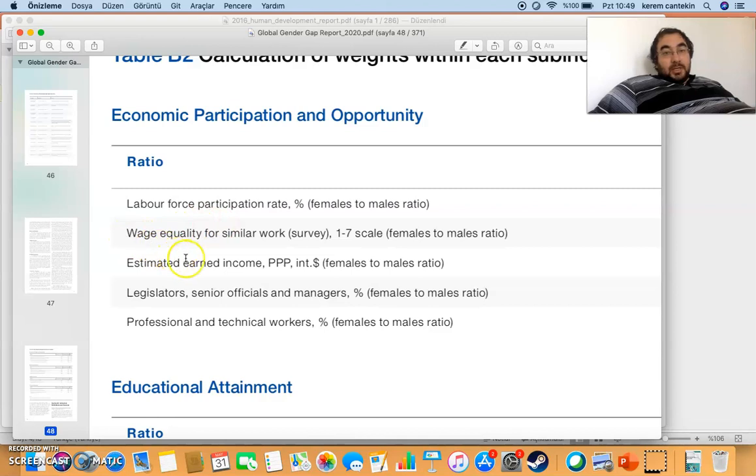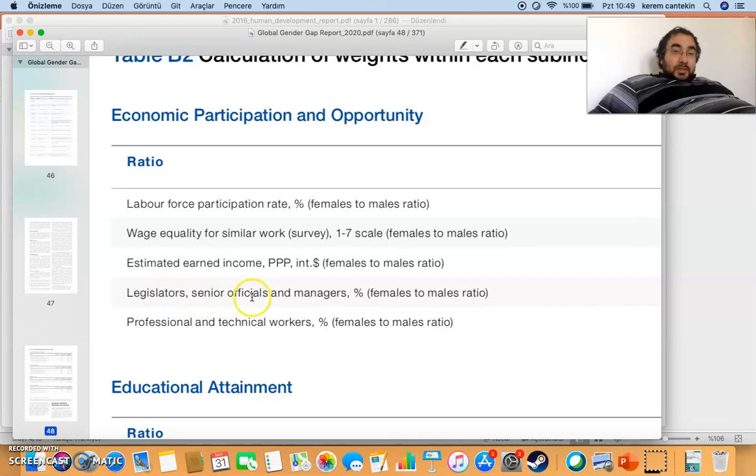Wage is hourly, income is yearly, which means if women are more likely to work part-time, the wage might be the same, but income might be smaller, so income inequality might be larger than wage inequality.